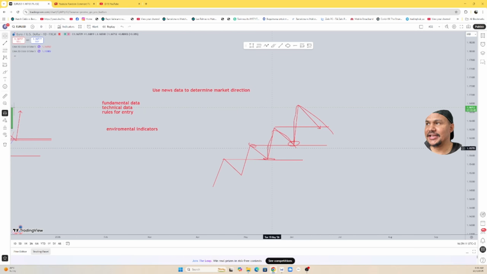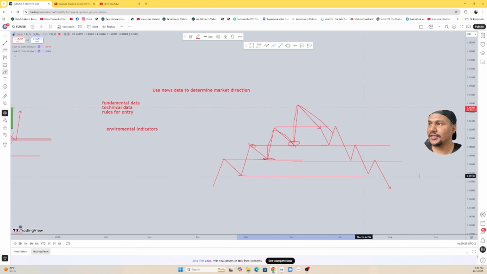When we talk about momentum shift, that's when the market continues this move down. So now we're not bullish anymore, we are bearish, because the market momentum has shifted from bullish to a bearish market.